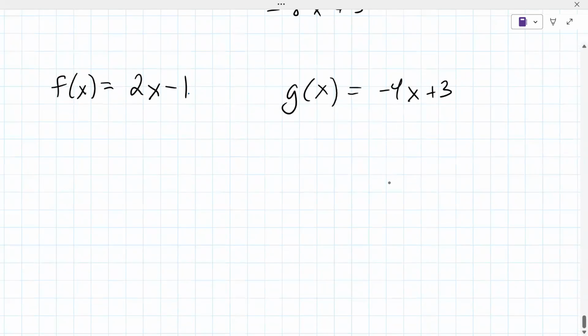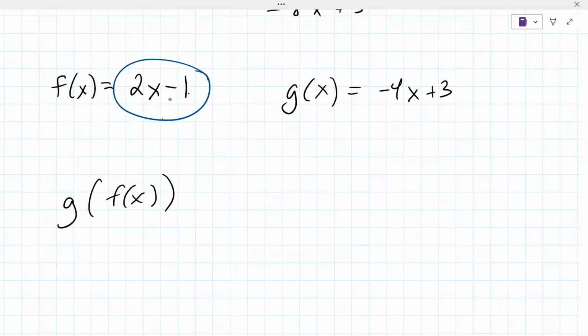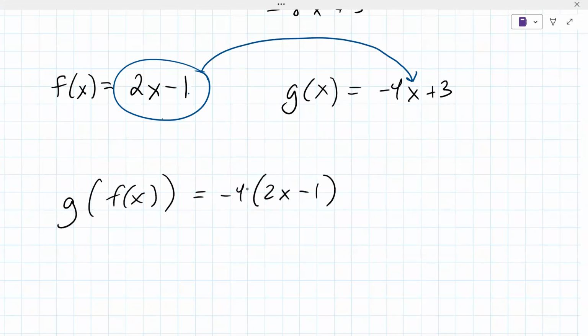So this time, we're going to find g of f of x. So now you start with f of x, the inside function. Notice you always start with the inside function. You put it in for x. So this becomes negative 4 times 2x minus 1, plus 3. Will you simplify that for us, please?